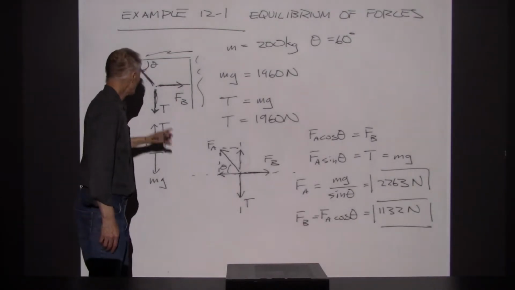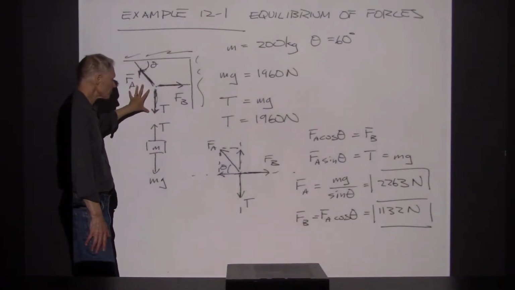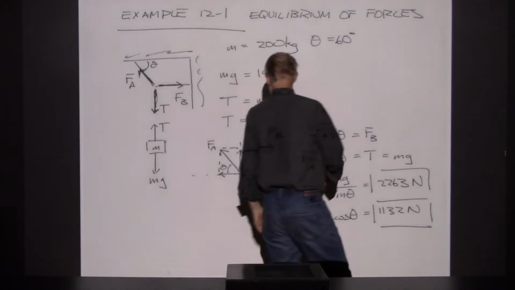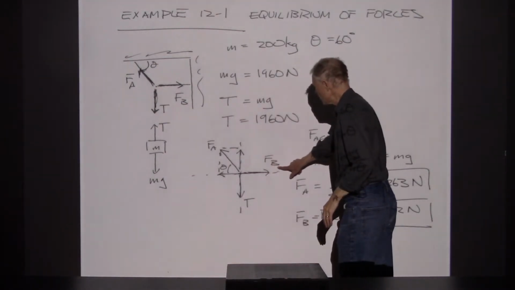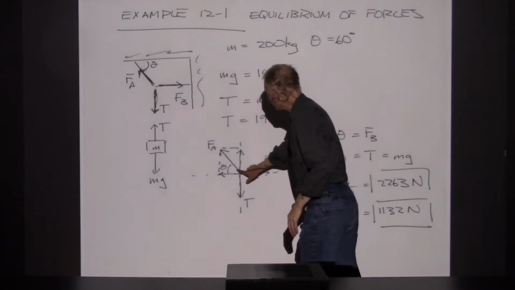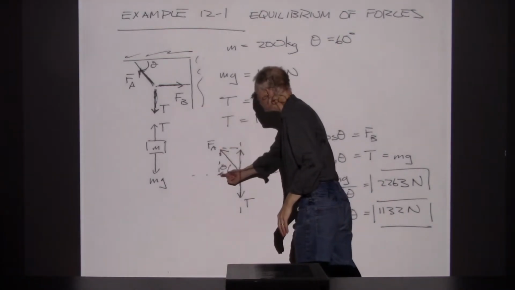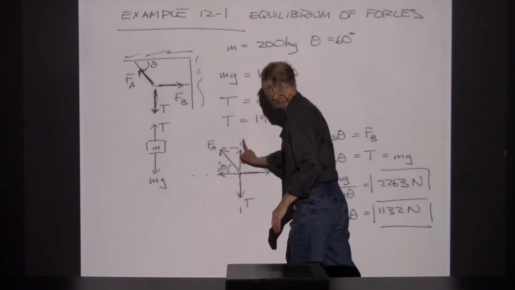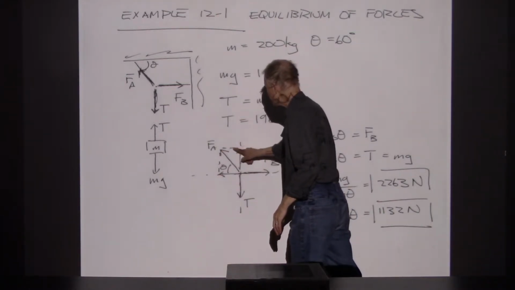So I took this force diagram and redrew it here. What we have now is, here is force B, here is force A, this will be force A cosine theta, and the vertical component will be FA sine theta.